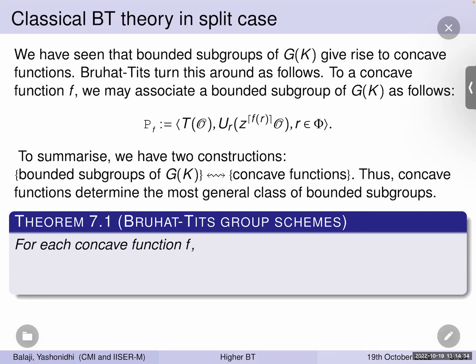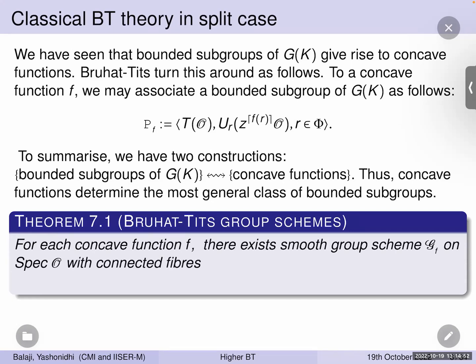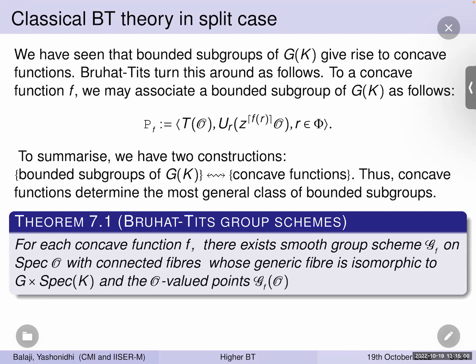Now, I want to recall to you a theorem of Bruhat-Tits on group schemes. For each concave function f, there exists a smooth group scheme G_f on Spec O with connected fibers whose generic fiber is isomorphic to G cross Spec K, and the O-valued points G_f(O) equal the bounded subgroup P_f defined above in G(K).